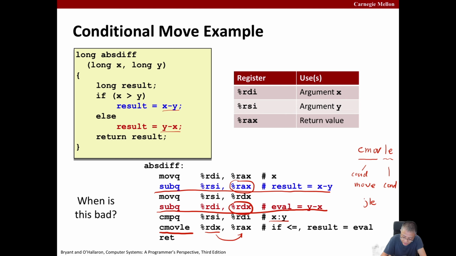So this will only happen if x is less than or equal to y. Then RAX equals y minus x. If this isn't true, this will not happen, and RAX equals x minus y.